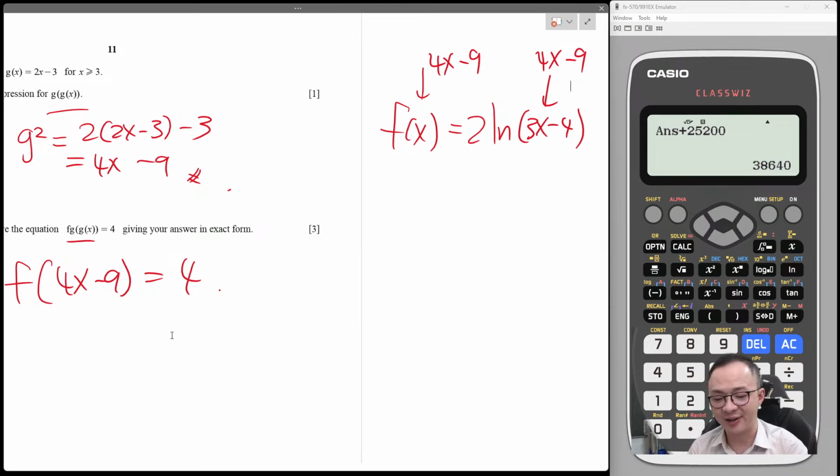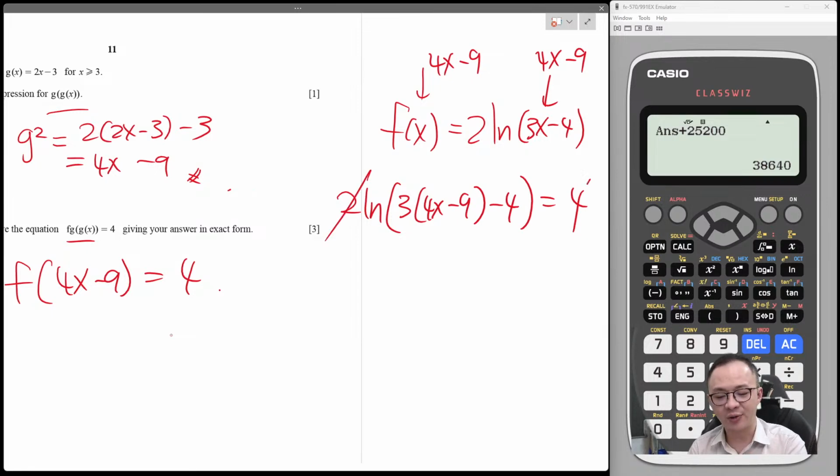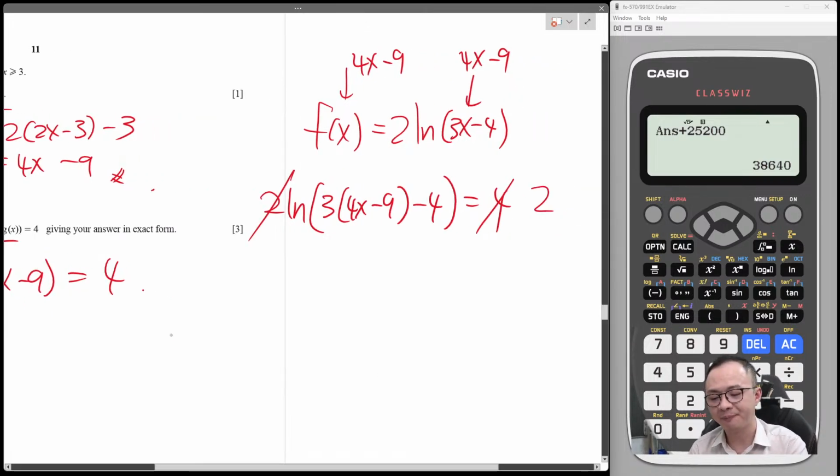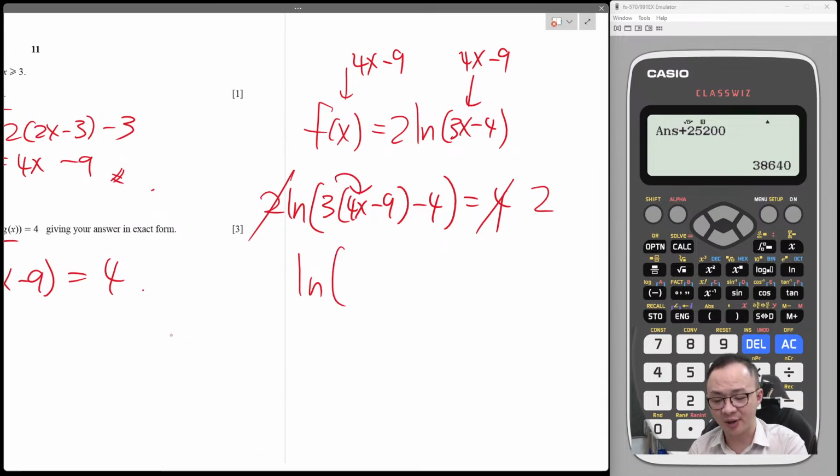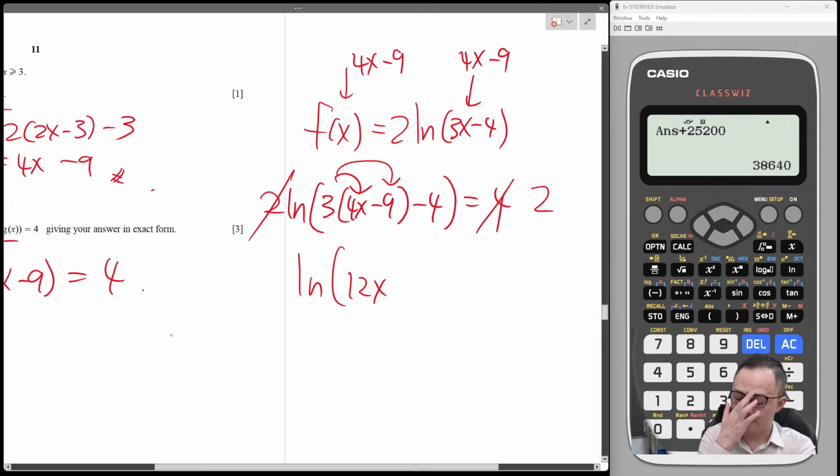Okay, if you can imagine it, you're going to straight away do 2 ln (3(4x minus 9) minus 4) equals to 4. 4 and 2 I simplify, I will get a 2 here. Then inside I just try to solve it. This one is 12x minus 27 minus 4.